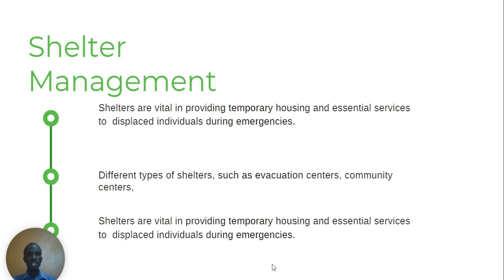Then there are community centers, all those places which the community uses for other things, but in case of emergency, they can be used. For example, the schools, which can gather a lot of people at the same time. So these shelters are vital in providing temporary housing and essential services to displaced people during emergencies, like I had said earlier on.